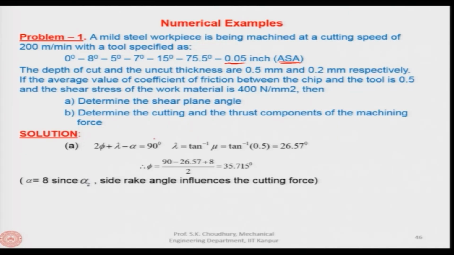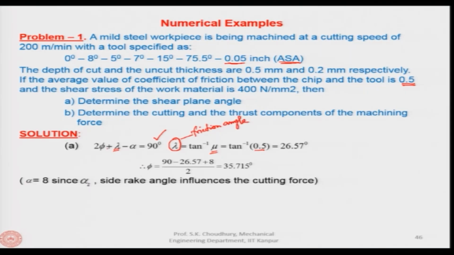We know the Merchant's first relationship. So, from here we can say that lambda is tan inverse of mu, where mu is the coefficient of friction, which is given as 0.5. We put the value of 0.5 and we find out the value of lambda, which is the friction angle. By the way, there it was beta, but here it is made lambda.